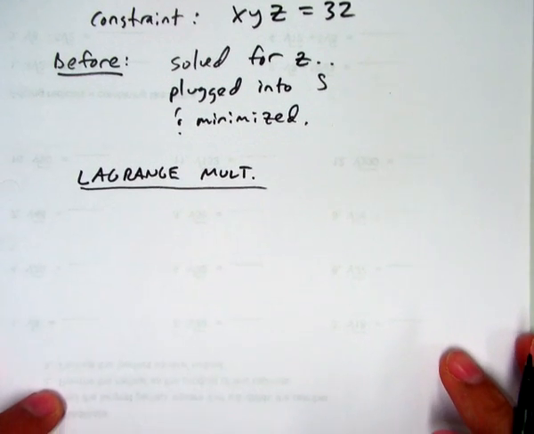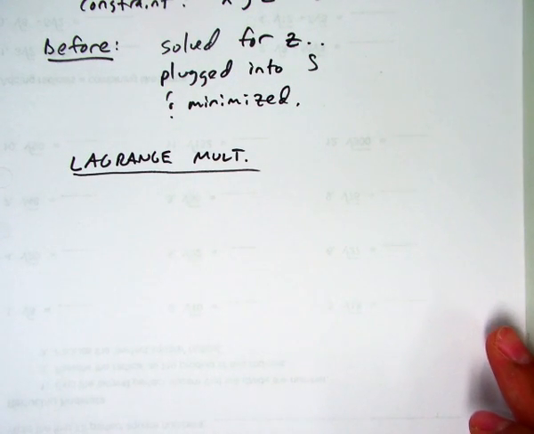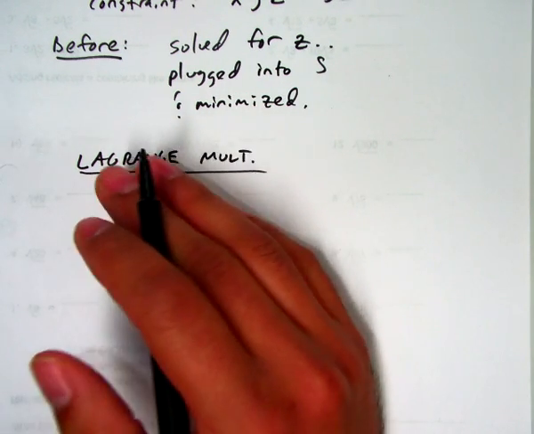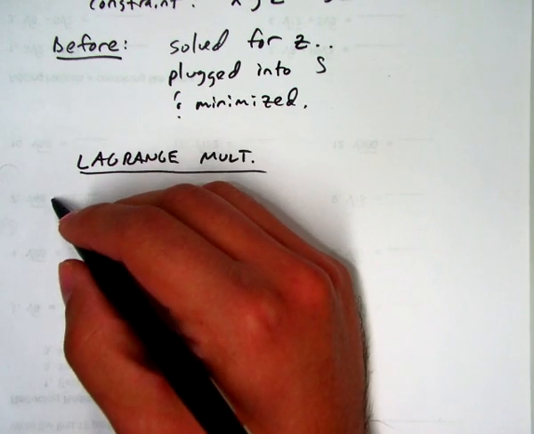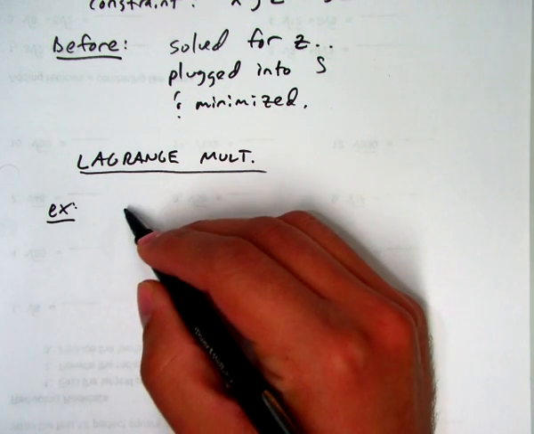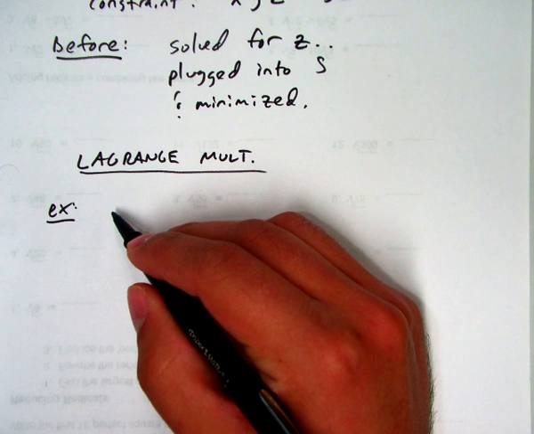Probably the easiest way to explain how these work is to start with a scenario to illustrate what is going on. So let's say we have a rectangle.